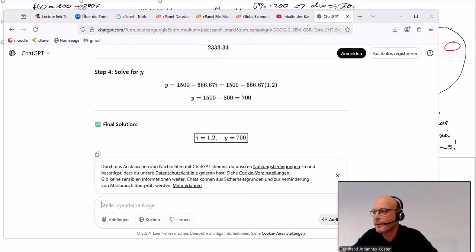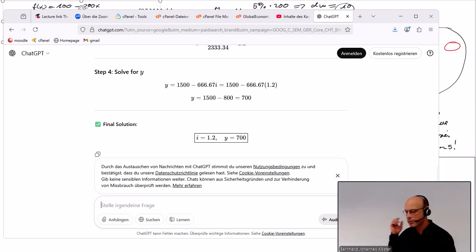So now you are done. So I do this in this course. This was just an idea because, well, why should I do all this calculation?